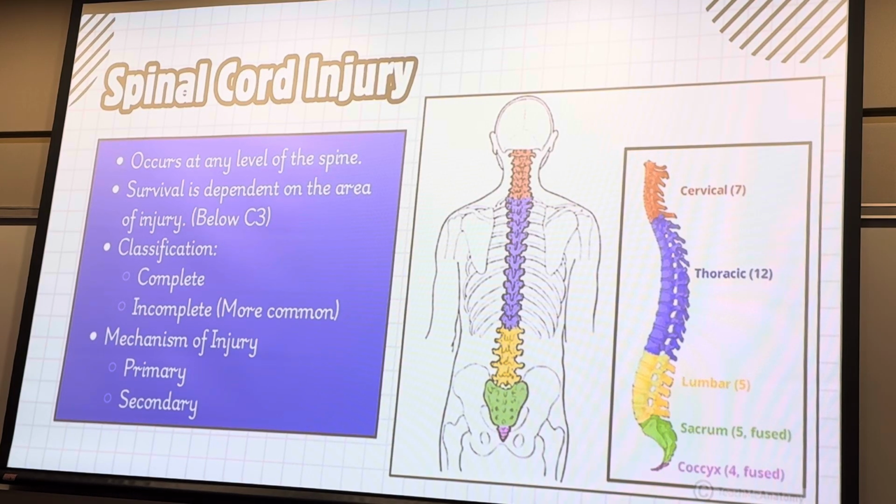Anything above basically C3, pretty much guaranteed death at that point. Anything below, it's going to be dependent on the patient, what kind of symptoms they have, what type of nerve endings die, what's affected from there.